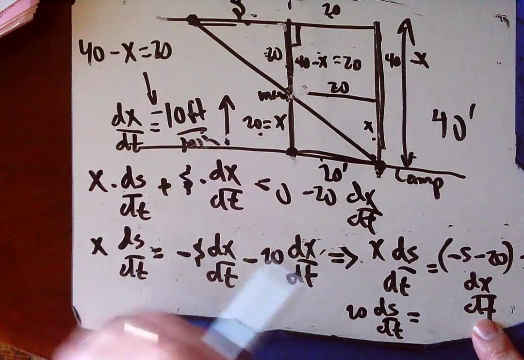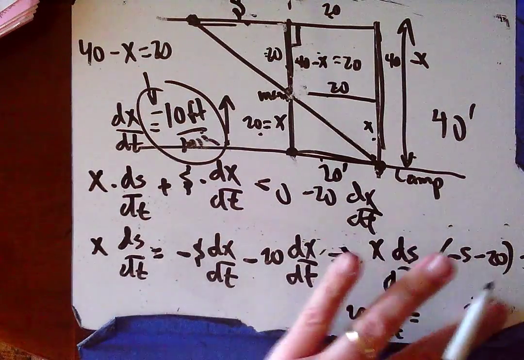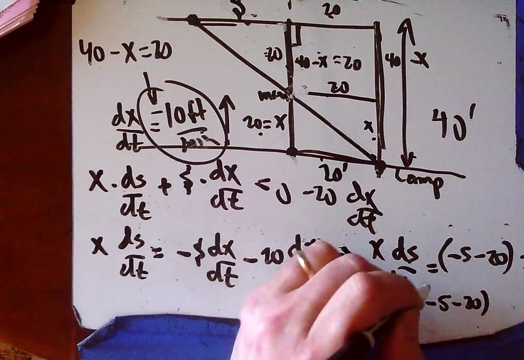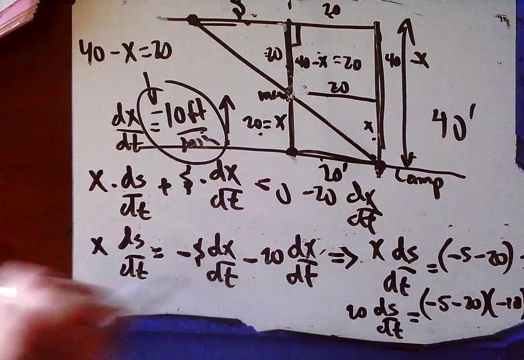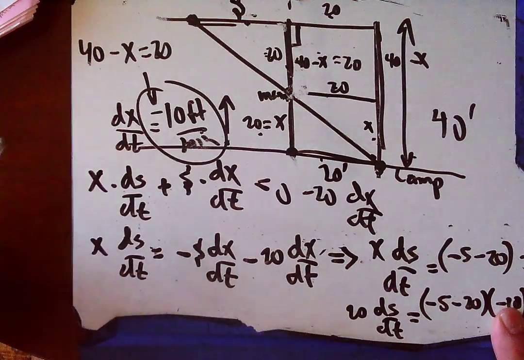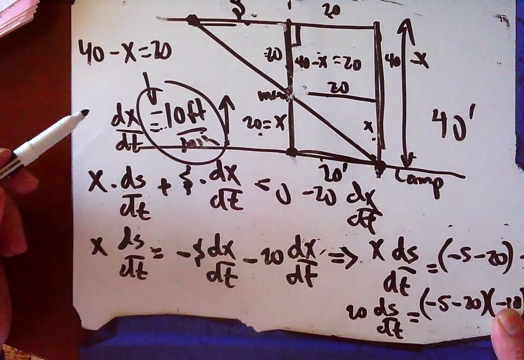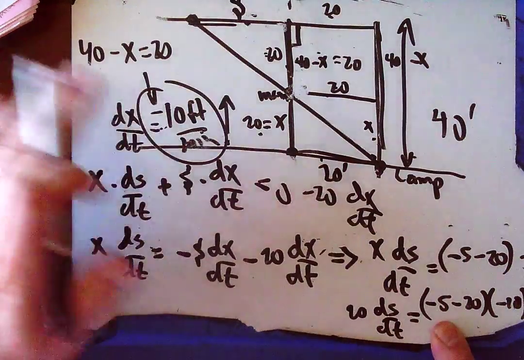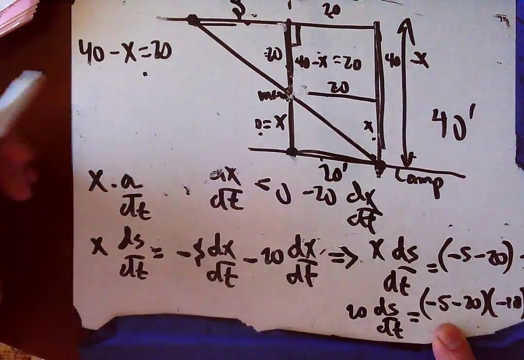Ooh, and dx/dt I was given. So I'm going to have s minus 20 times minus 10. Still got a question mark on that. But what about s? Well, how can I find it? Well, we had a lot of proportions going on, right?